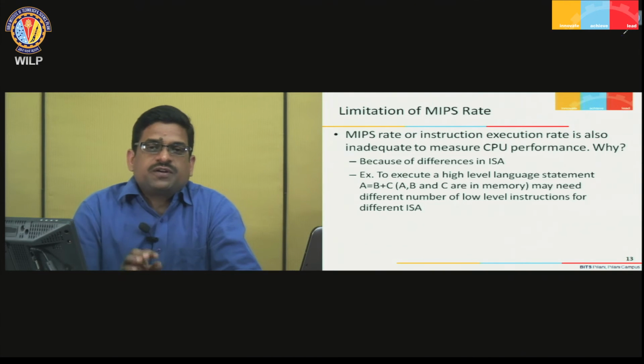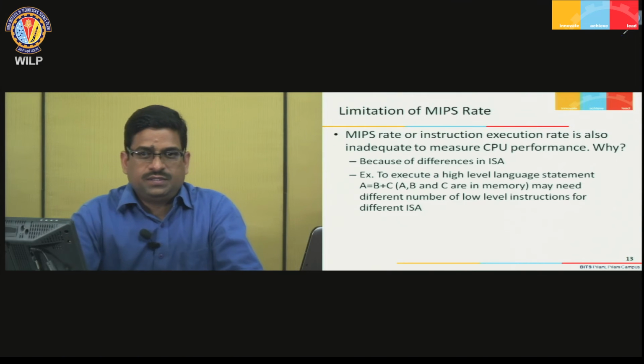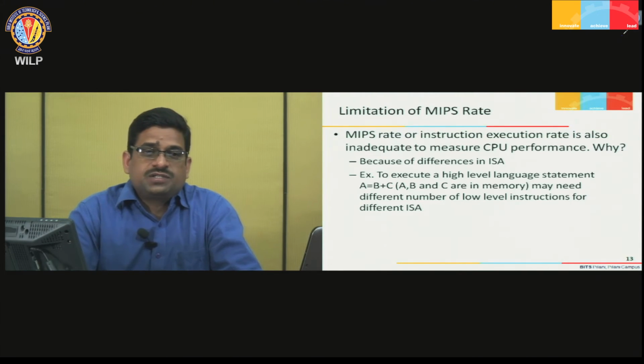So why is the execution rate not a sufficient criterion, or why is it inadequate? The first answer is that there are different instruction set architectures. So far I have not talked about the instruction set architecture. Suppose I compare two machines in terms of performance; I have not looked at the ISA of these two computers.